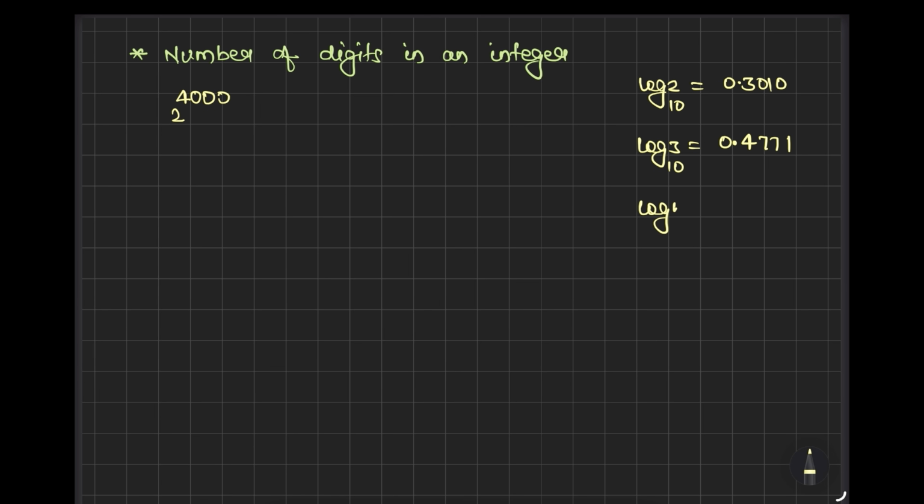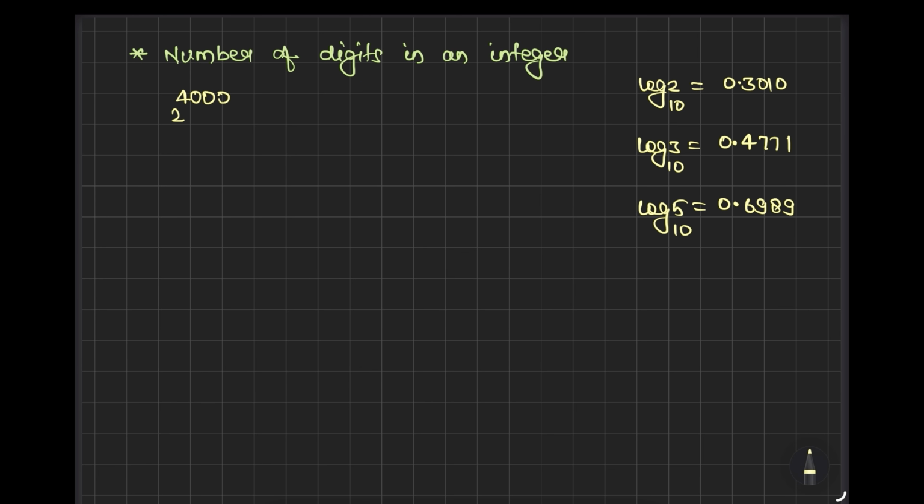Log 5 base 10 is 0.6989. These three values you have to memorize. If they use some other prime number, I have used the prime numbers 2, 3 and 5, in the examination they will give you the value. They don't want you to memorize this much. Only the conceptual clarity must be there.